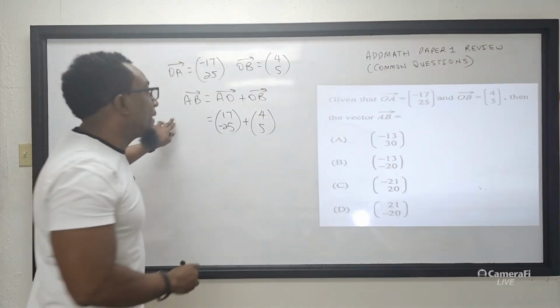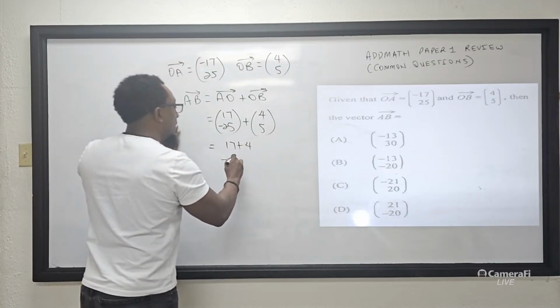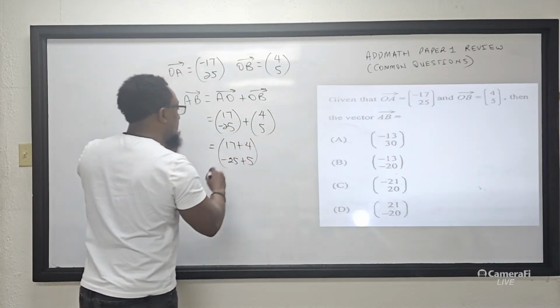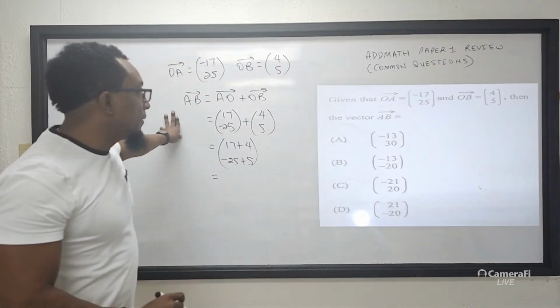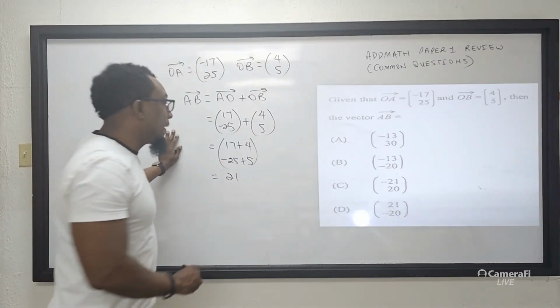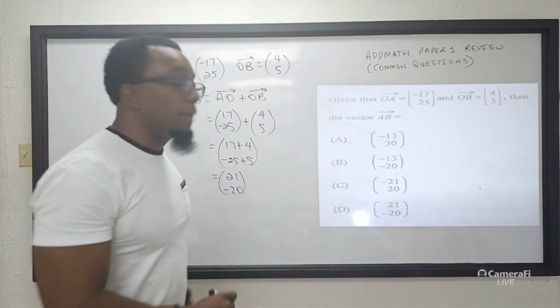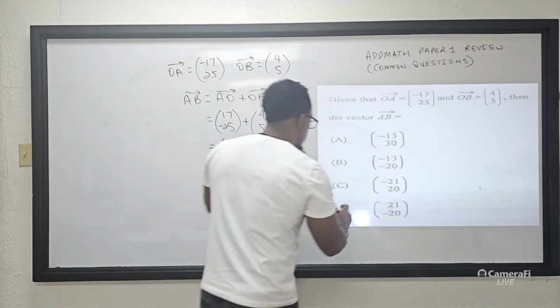So when we work that out, vector addition here, 17 plus 4 gives us 21, negative 25 plus 5 is negative 20. So (21, -20), whose answer there is D.